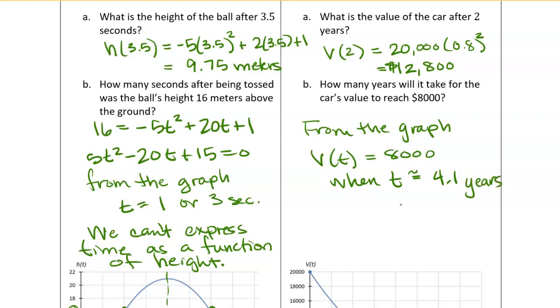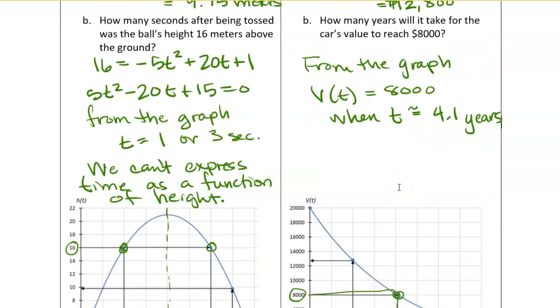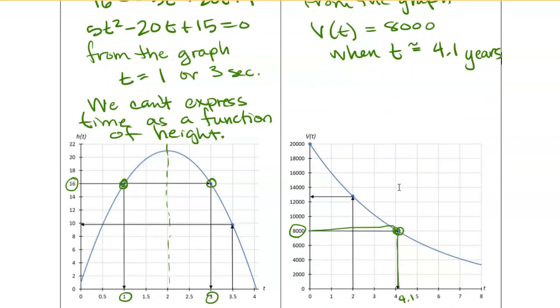So I'll say 4.1 years. That's my best estimation. In this case, we get one value of time for every value of the vehicle. If I give you a value of the vehicle, you could tell me the time that it reaches that value.